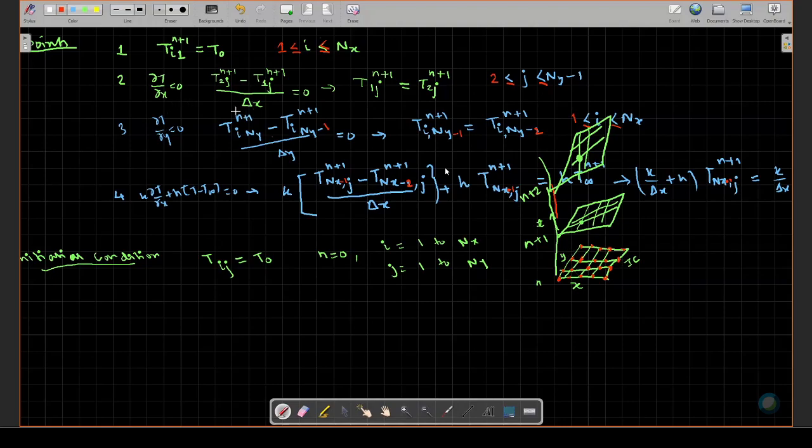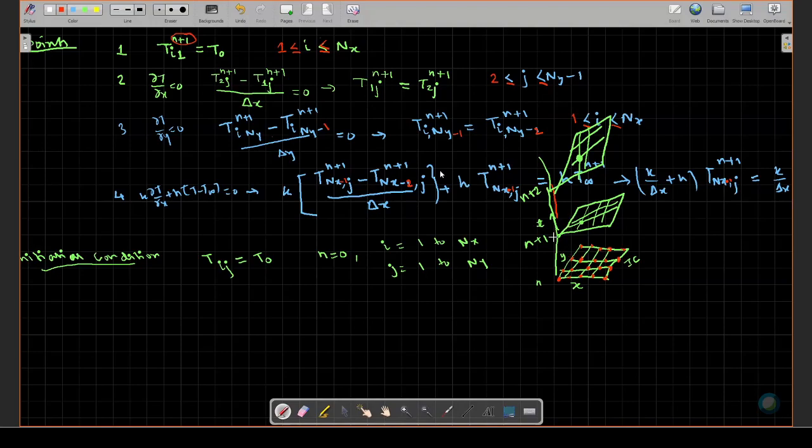Whenever I am writing boundary conditions, I am never writing n. That is what I always said in the class, in the beginning: boundary conditions are always at n + 1. Because at the initial condition, all the boundary values were given as known values.